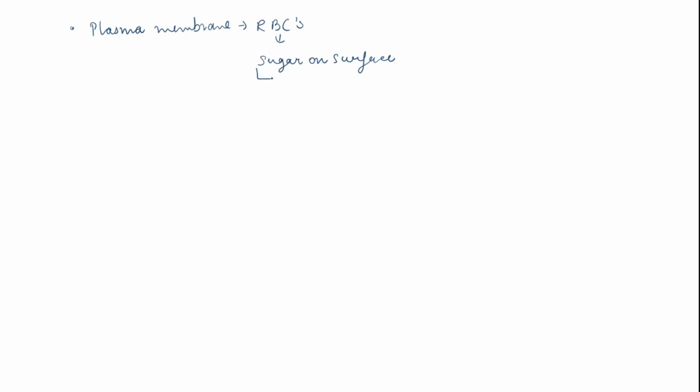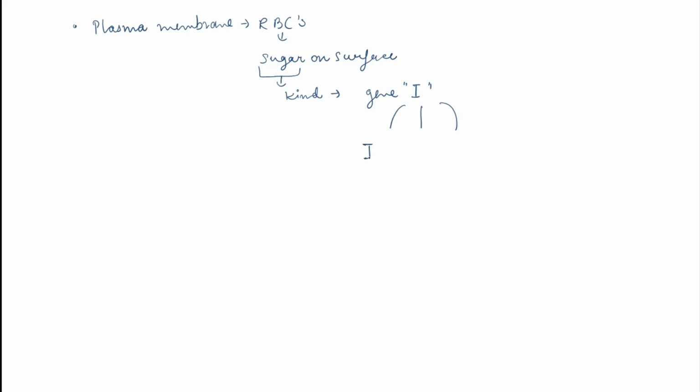And the type, or we can say the kind of sugar, is determined by our gene I. Now as we have already discussed, IA and IB and small i, these are the three different alleles of our gene I. Now out of these, IA and IB are dominant while small i is recessive, right?